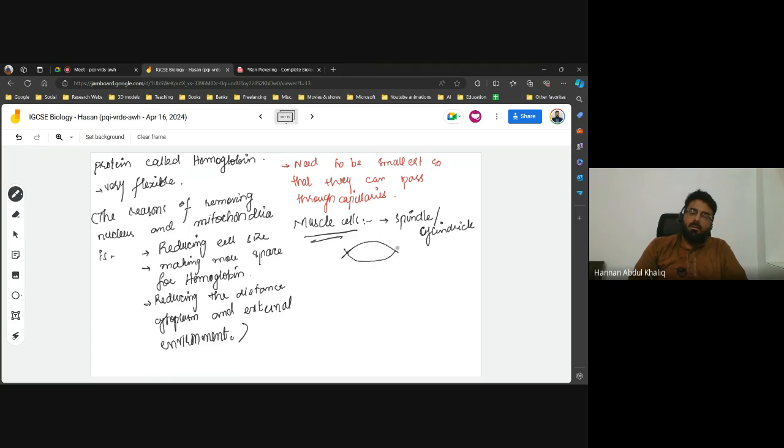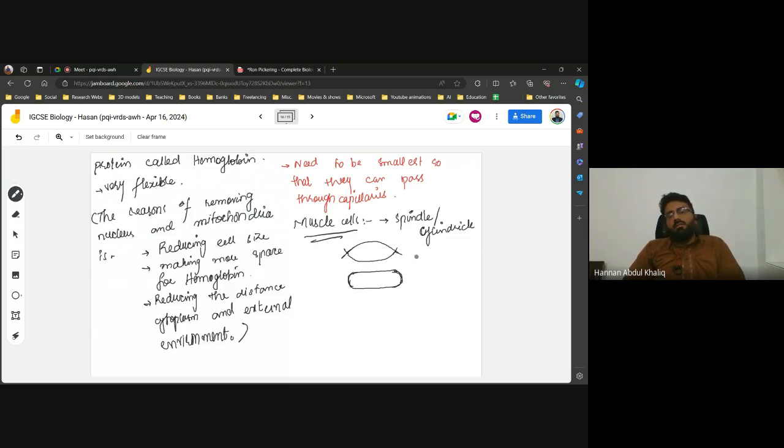This is a spindle, and this is a cylinder. So that is what our muscles can look like.